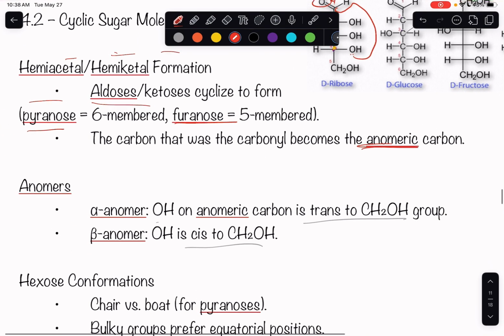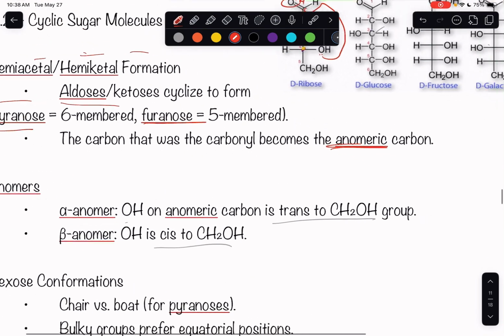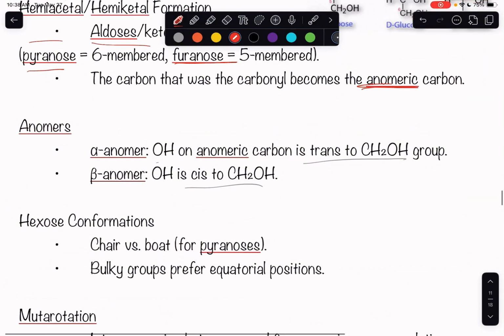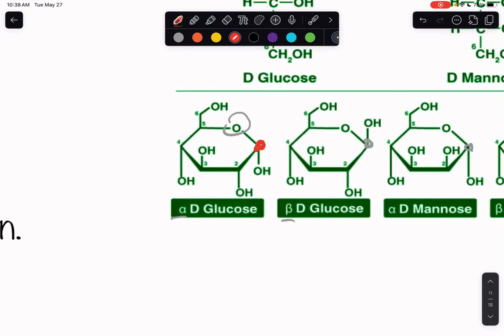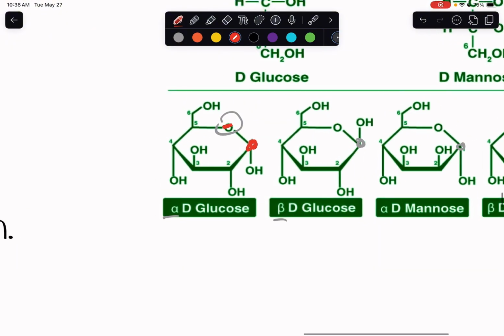So when you have a beta and alpha. I really like this way where it's trans and cis, because it really does fall back to what we know in organic chemistry. So do you see how, let's say that we drew it without the O in the middle, right?